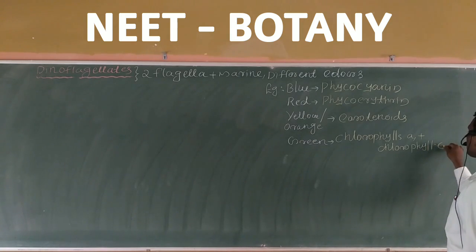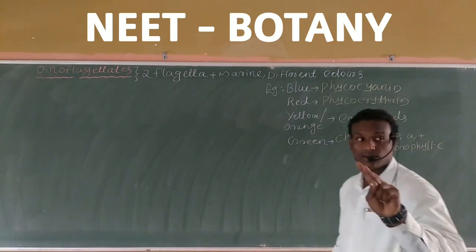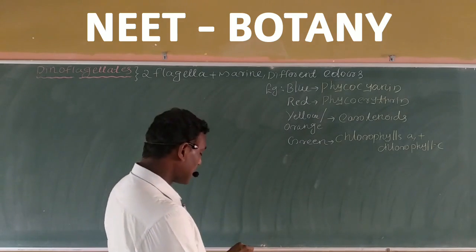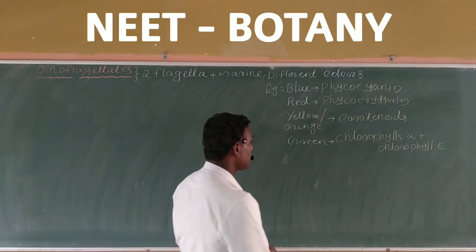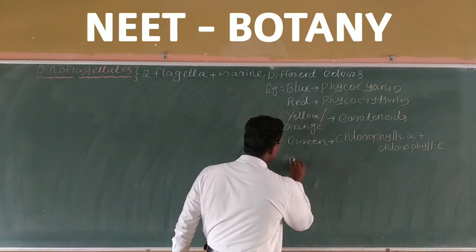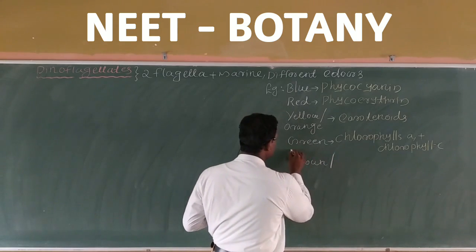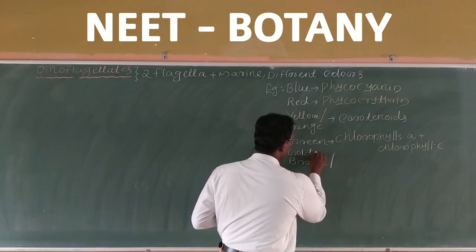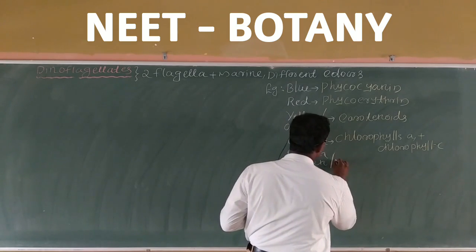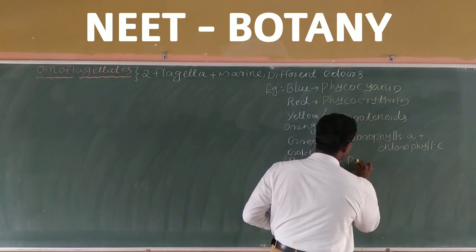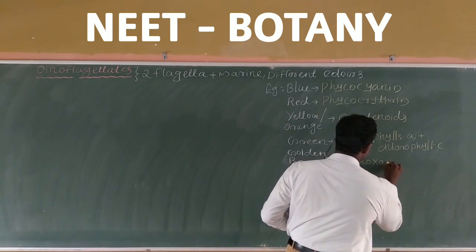Chlorophyll A and chlorophyll C are the two important photosynthetic pigments. Again, it may be brown, or golden brown in color, due to the presence of the pigment fucoxanthin.